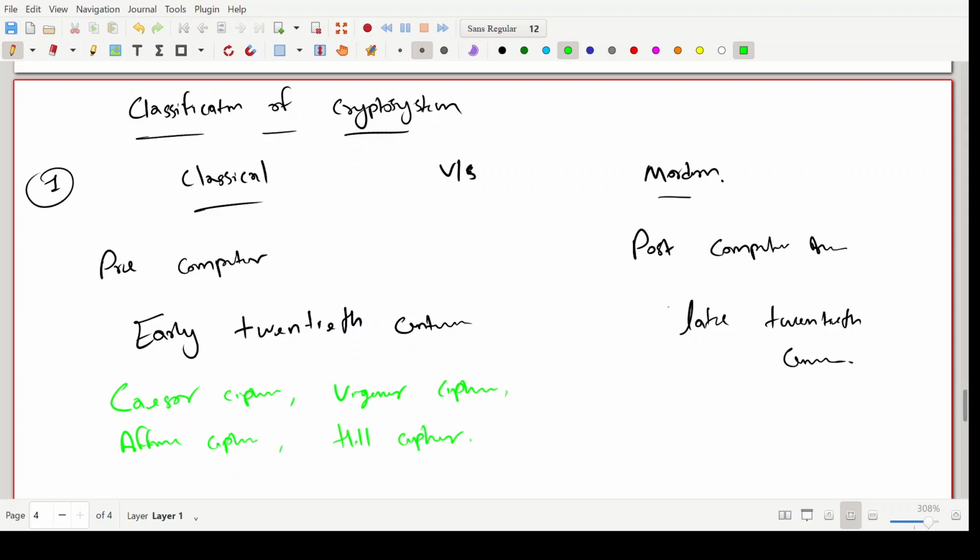We'll be seeing all of them mostly, Autokey cipher, etc.